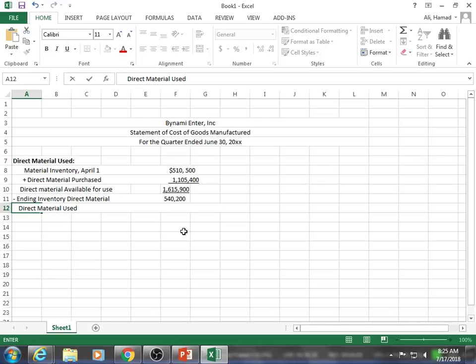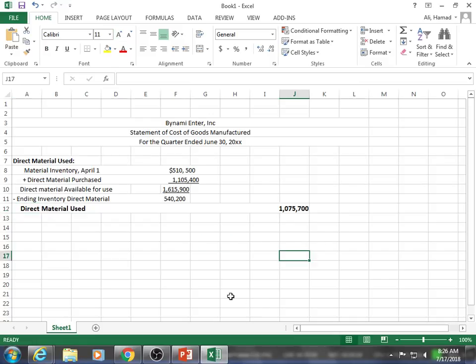If you take 540 off, what do you get? 1,075,700. Okay, so let me put a bold under there on that one and make it a little bit larger.